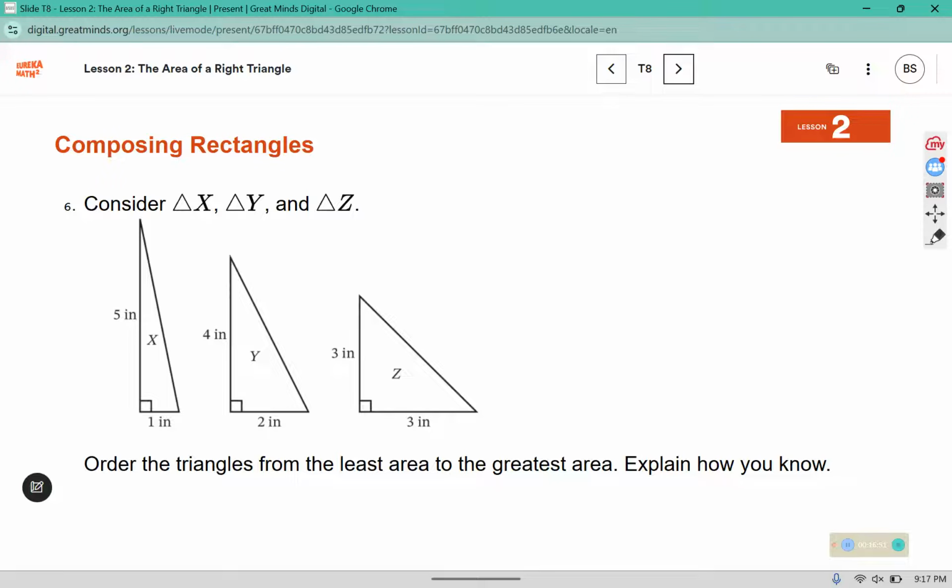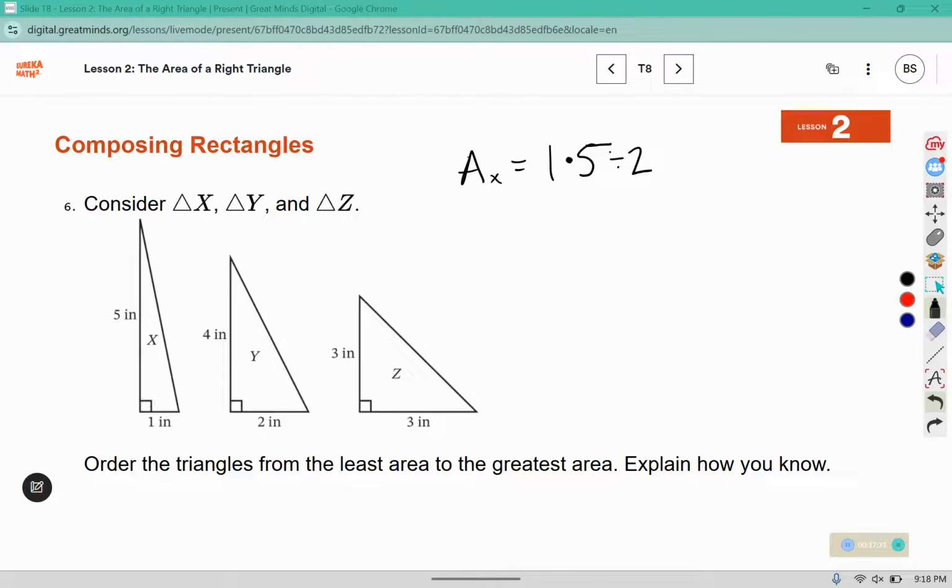Consider triangle X, triangle Y, and triangle Z. Order the triangles from the least area to the greatest area and explain how you know. So the area, and I'm going to write the little X next to it. X has a base of 1, a height of 5, and don't forget we divide triangles in half.